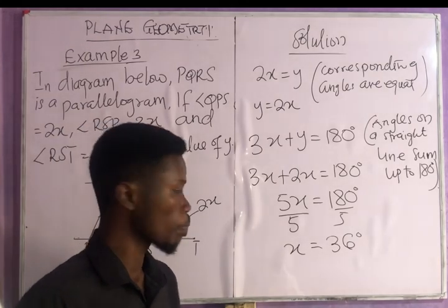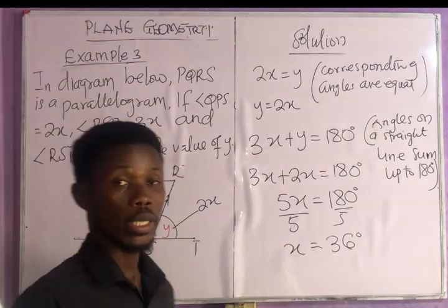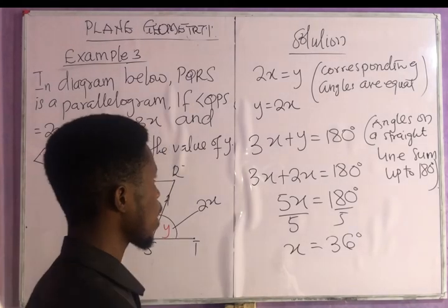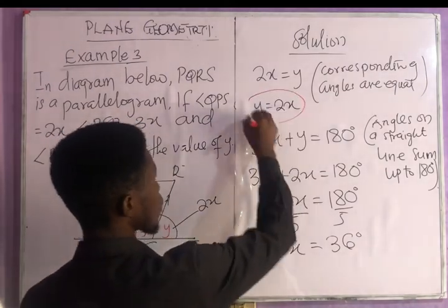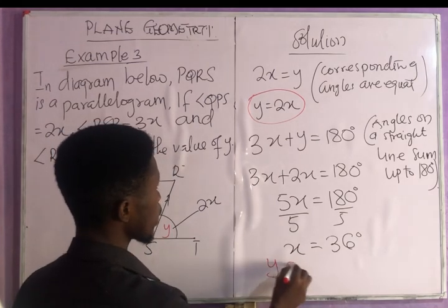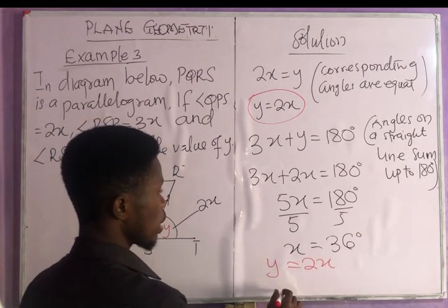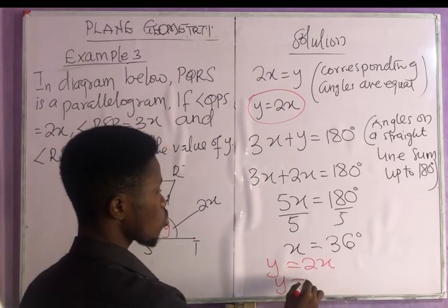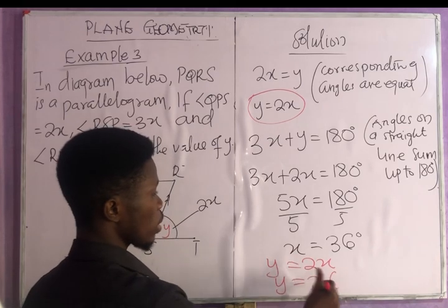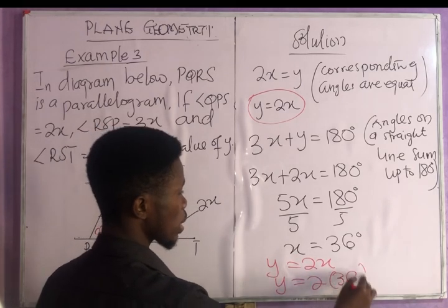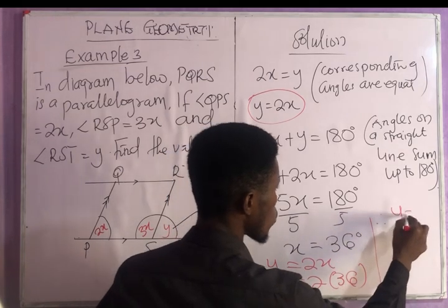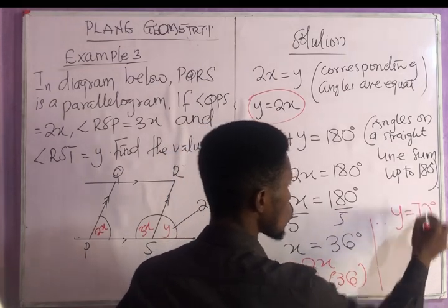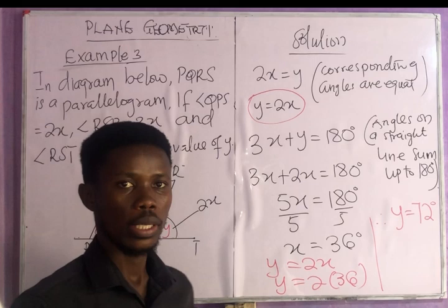Is that okay? Very simple, but the question said you should find the value of Y. So how do I get Y? From this relation, we said that Y is equal to 2x, meaning that my Y will be equal to 2 times 36, which is 72 degrees.